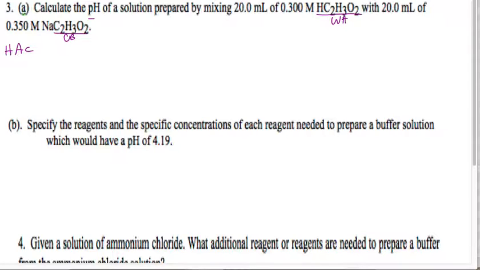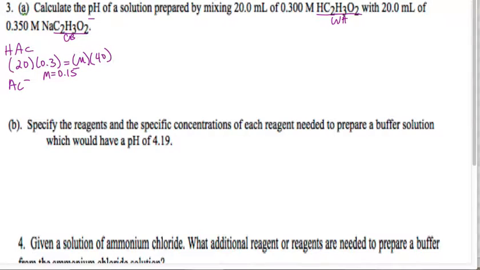So acetic acid, if we do MV, we have 20 mL of 0.3 molar. What's our concentration? What's our total mL? 40. So we're just splitting it in half. So the molarity is equal to 0.15.